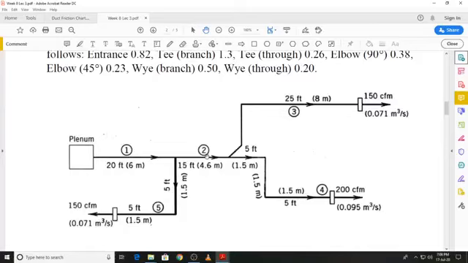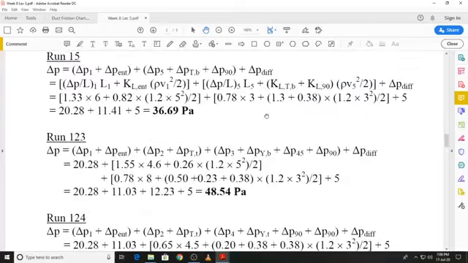Now let's move to the mathematical solution. Okay, you can see that for run 1 5, the total pressure drop is the sum of the frictional pressure drop in segment 1. The subscript 1 tells us it's the frictional pressure drop in segment 1, and the pressure drop or the dynamic loss at the entrance.